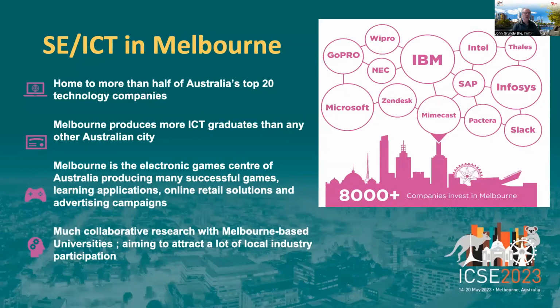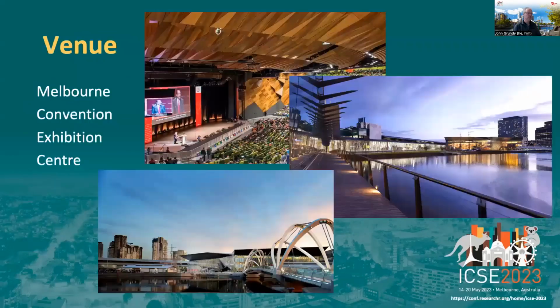We produce more software engineering and IT graduates than any other city in Australia. It's a games centre, but also has a large amount of education, retail, advertising, and learning development here. And there's a large amount of collaborative research between industry, government, and our local universities.